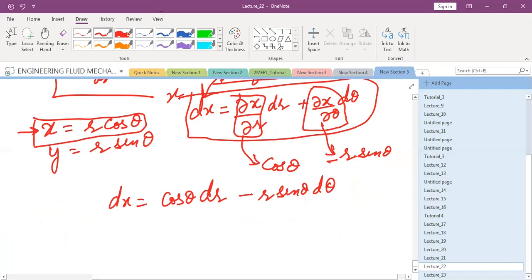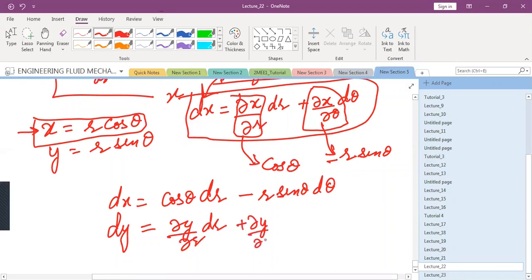Is that clear? By the same token, I want an answer from your side in the next 30 seconds. What is dy equal to? dy is equal to curly y by curly r into dr plus curly y by curly theta into d theta.